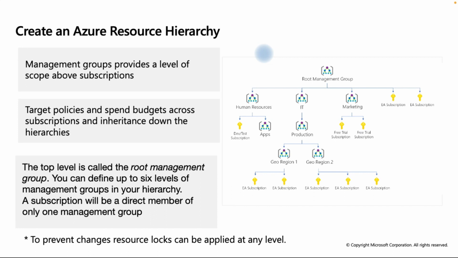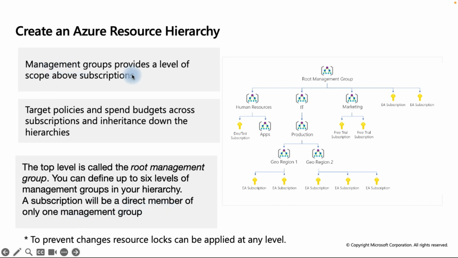The top level is called the root management group, and you can define up to 6 levels of management groups in your hierarchy. A subscription will be a direct member of only one management group.